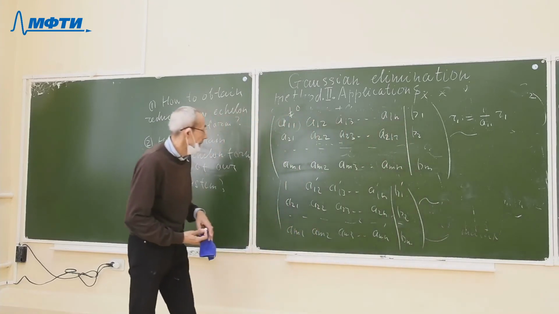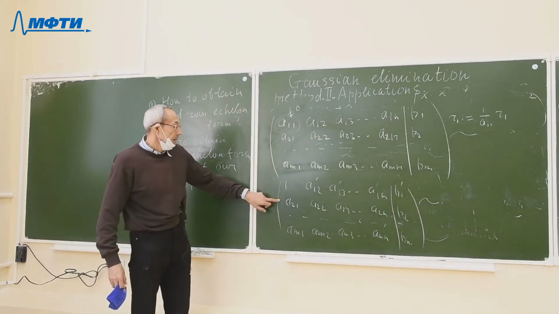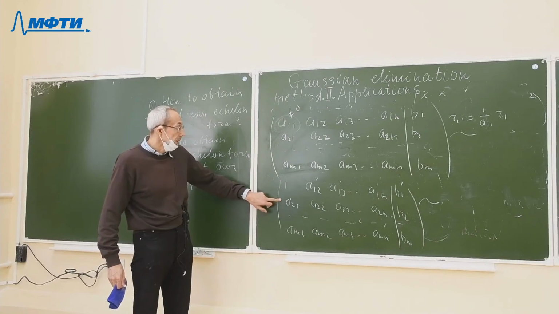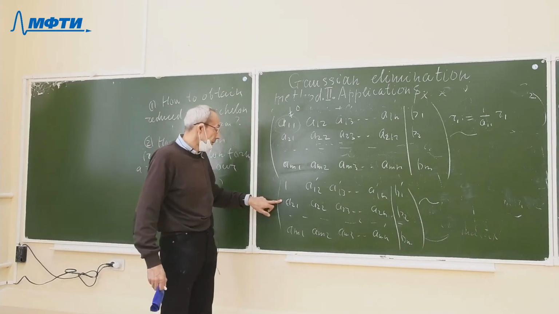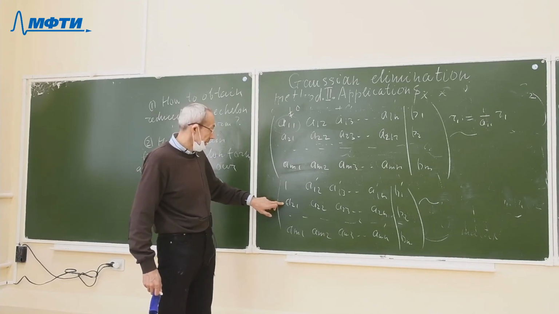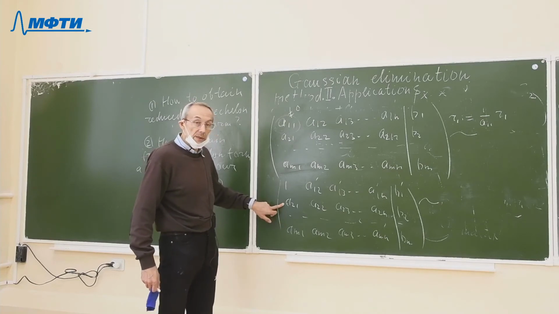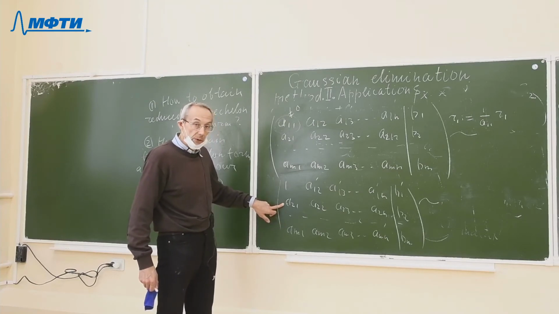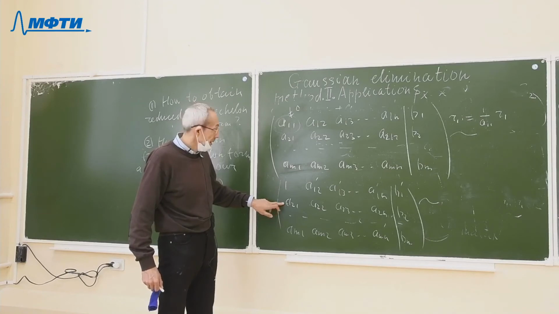Next step. Our aim, our goal, is to obtain 0 in the other places in the first column.